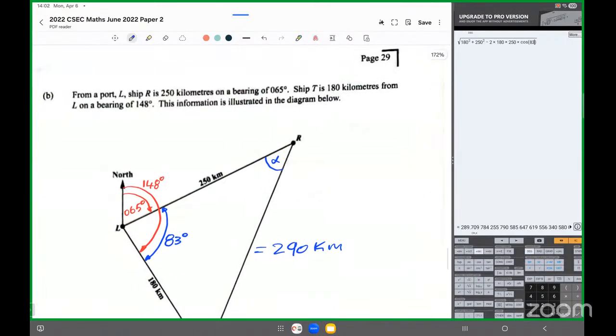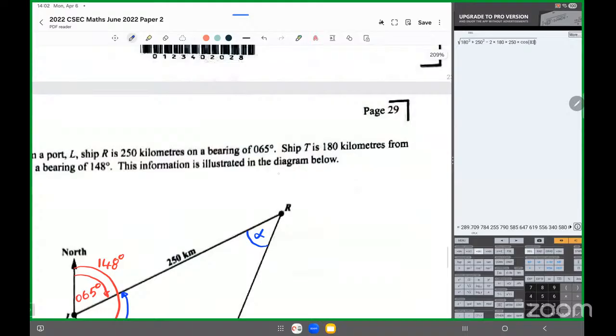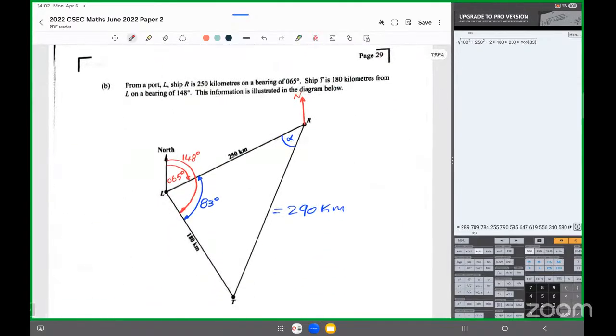At this position, I'm going to put in my north line. I want the bearing of this direction down here. So I'm putting my north line here first. It's a clockwise angle from the north line all the way around to here.